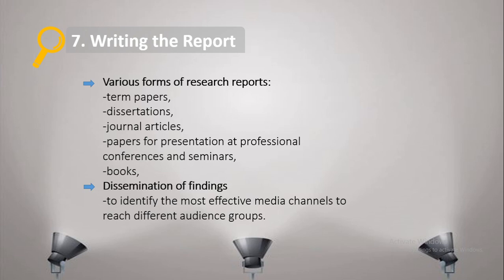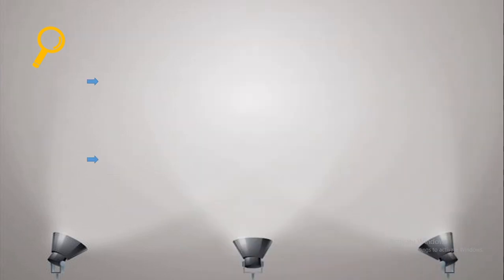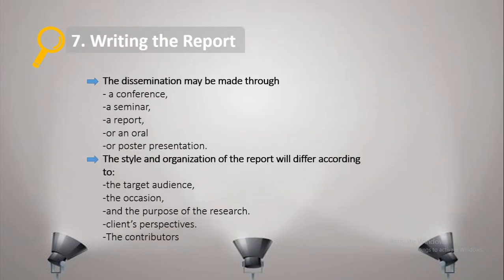Dissemination of findings is to identify the most effective media channels to reach different audience groups. The dissemination may be made through a conference, a seminar, a report, or an oral or poster presentation.